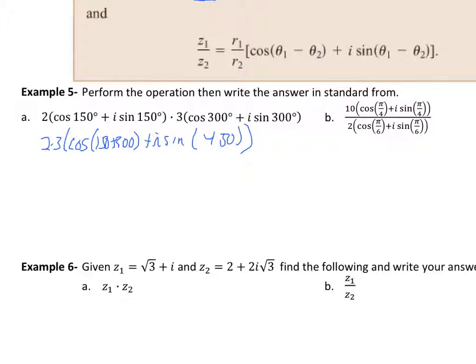What's the cosine of 450? 450 is coterminal with what angle? This one's in degrees. 450 is coterminal with 90. So what's the cosine of 90? 0. What's the sine of 90? 1. So what do we get? 6i.